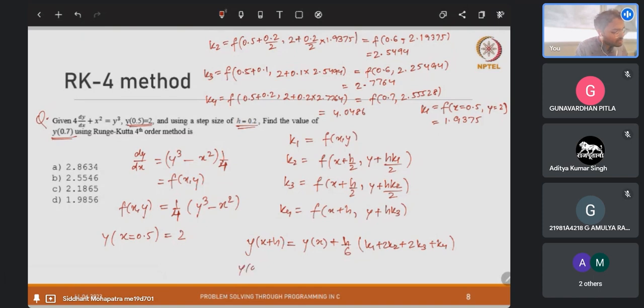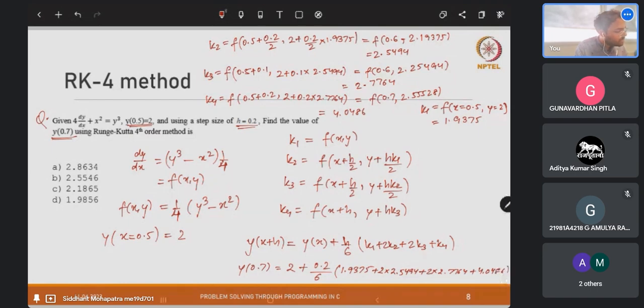So y at 0.7 is equal to y at 0.5, which is 2, plus h by 6, which is 0.2 by 6, into k1, which is 1.9375, plus twice of k2, which is 2.5494, plus twice of k3, which is 2.7764, plus k4, which is 4.0486.